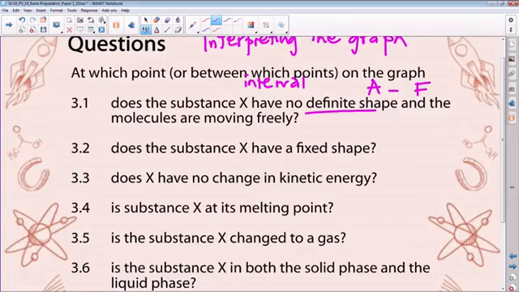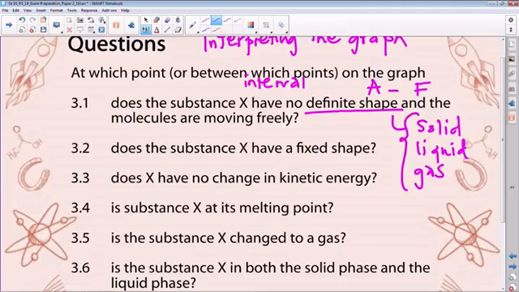This is a characteristic of a particular state of matter. We have 3 states of matter, which are solid, liquid, as well as gas, right? So if we talk about those 3 states of matter, it's very important to understand the characteristics or the properties of each.